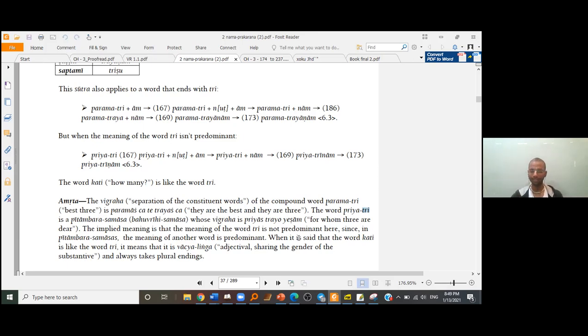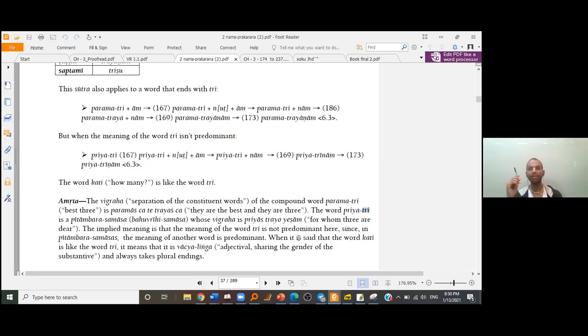Atra shura maheshvasa bhimarjuna samayudhi, yuyudhano viratash ca drupadash ca maharathah. Then there is one shloka just nearby with the word Chaparajita.